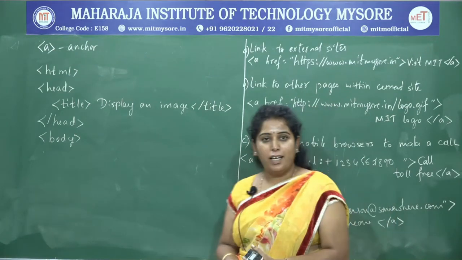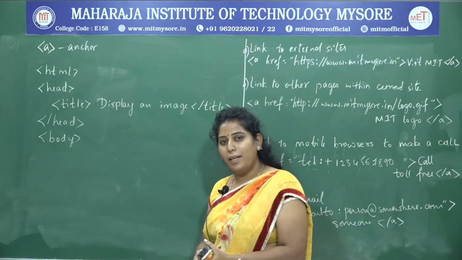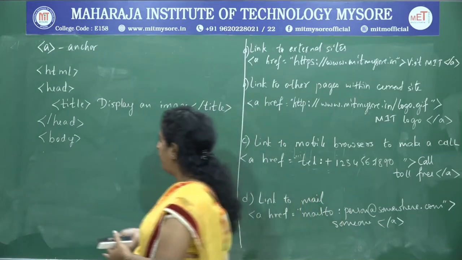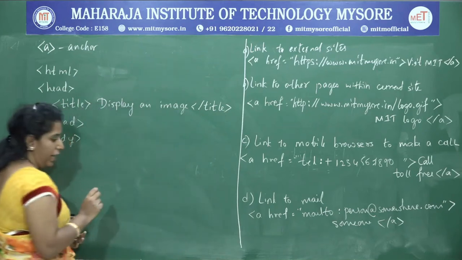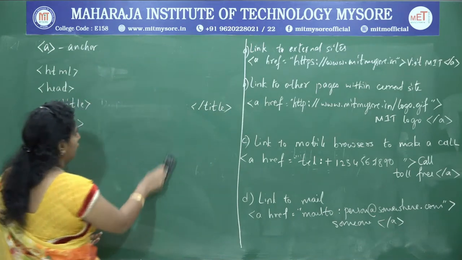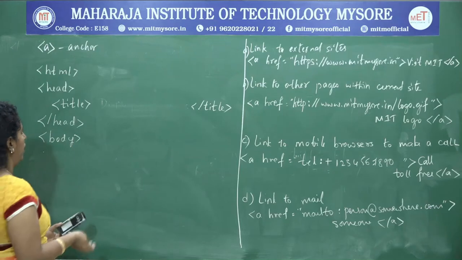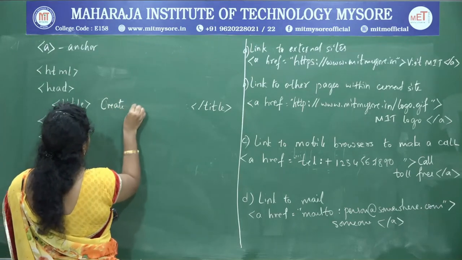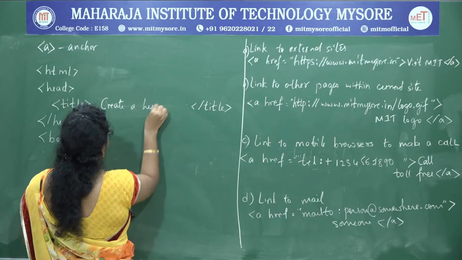So the a tag is used for creating a hyperlink. Let me take a program to illustrate the anchor tag. Title: for example, create a hyperlink.